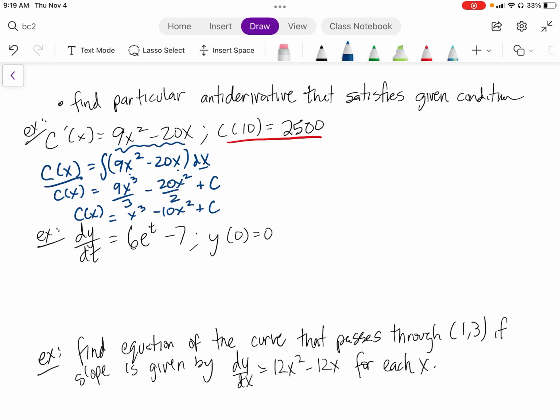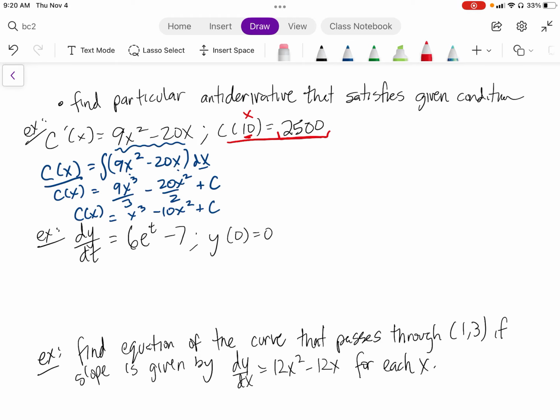What I underlined in red there tells me if I plug in 10 for x, I get 2500. So going back to the function we just found, C of 10 is 2500.